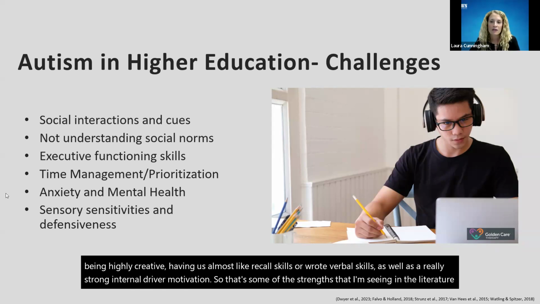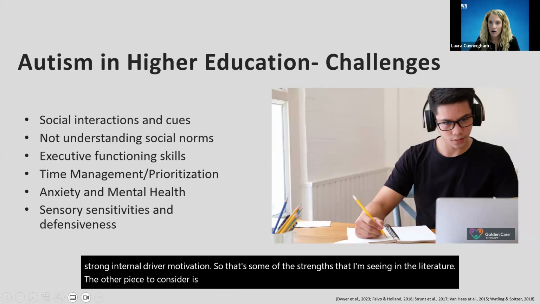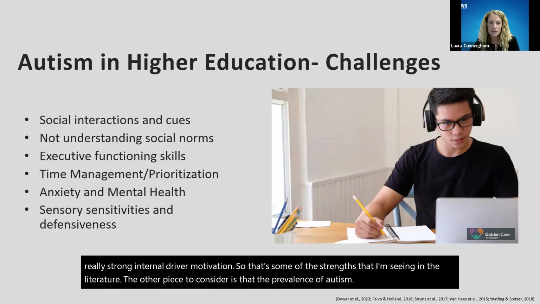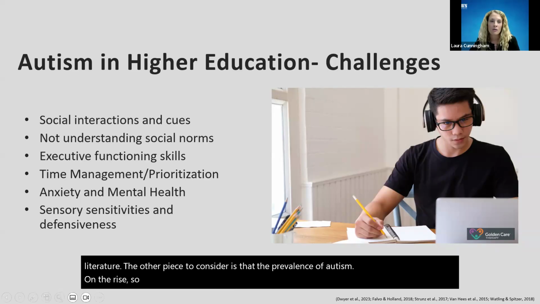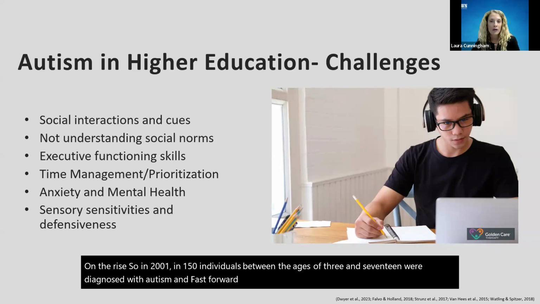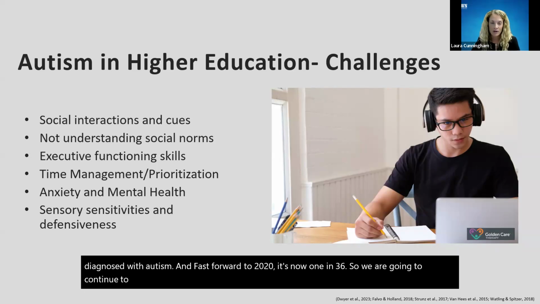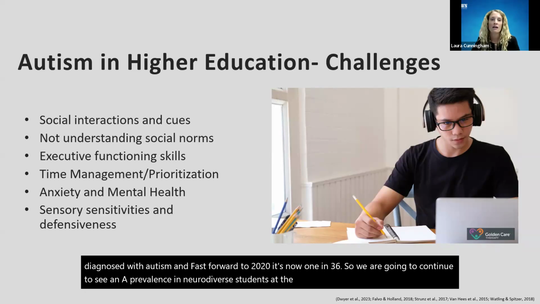The other piece to consider is that the prevalence of autism is on the rise. So in 2000, 1 in 150 individuals between the ages of 3 and 17 were diagnosed with autism. And fast forward to 2020, it's now 1 in 36. So we are going to continue to see a prevalence in neurodiverse students at the college, as well as autism within that area.